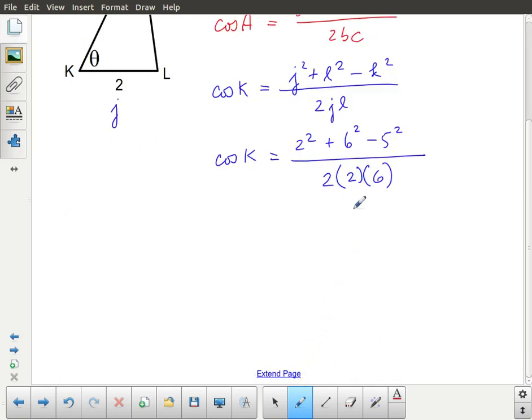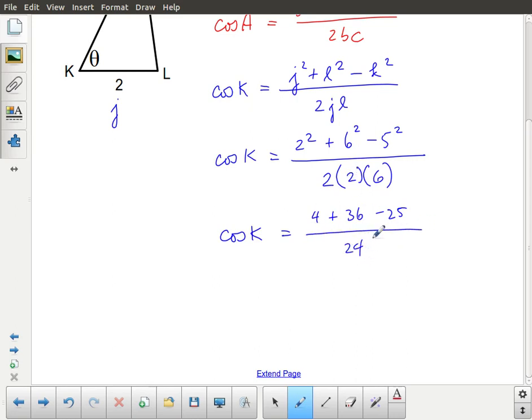You could do some simplification here if you wanted to, or you can go straight to your calculator. It's up to you. Since these numbers are all integers, wouldn't be the worst idea. So I'll just take an extra couple of lines. 4 plus 36 minus 25 over 24.